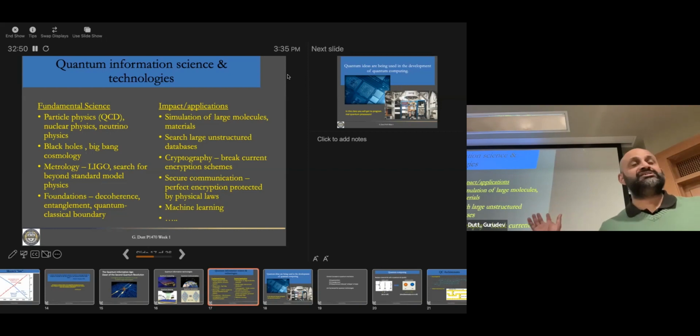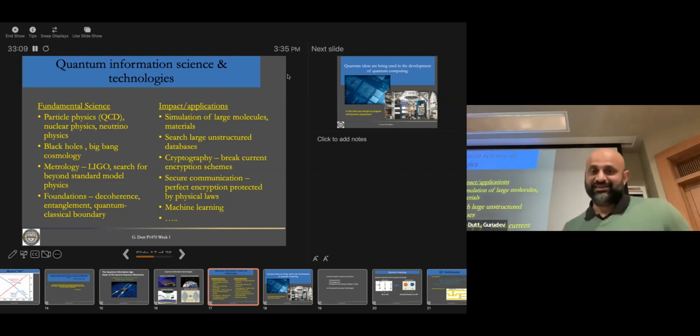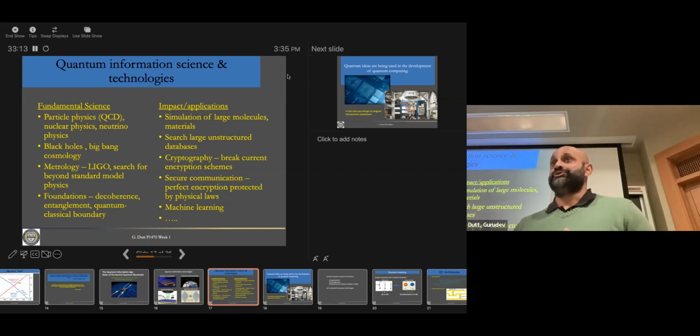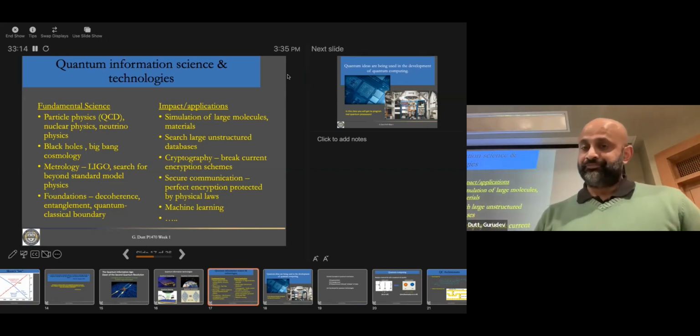And then once the laser was built, everybody was like, well, what use is this? Who cares? Okay, it's a nice little device, but now it's everywhere. You go to the supermarket, there's a laser in the scanner and everywhere. So you just don't know what's going to come out of this new science and this new technology.